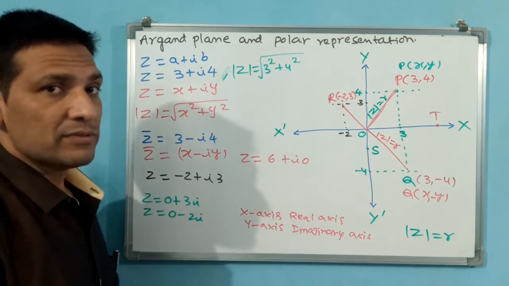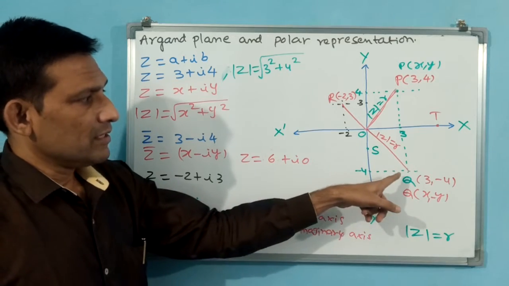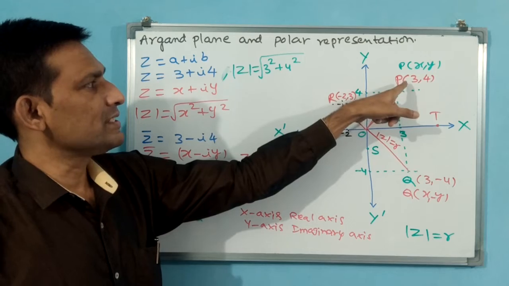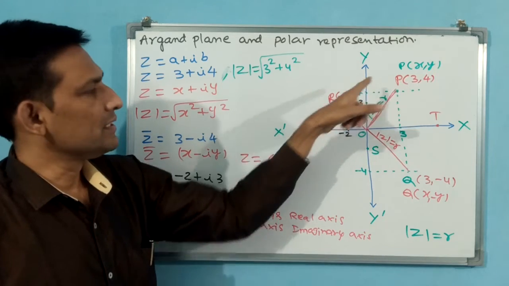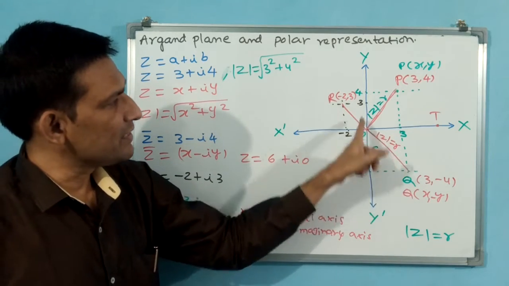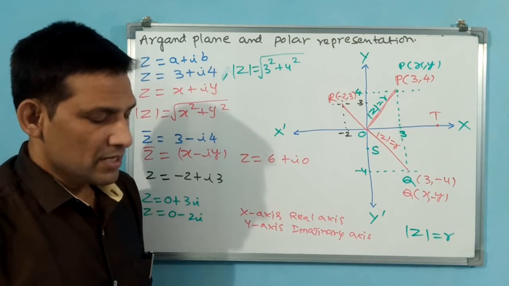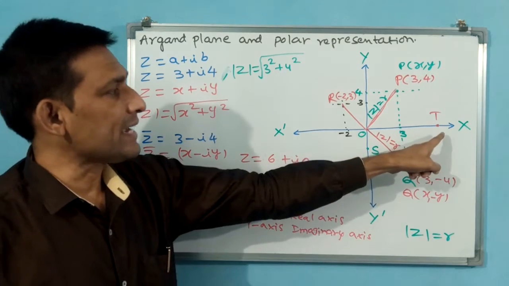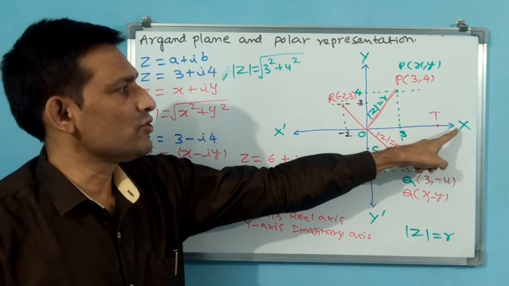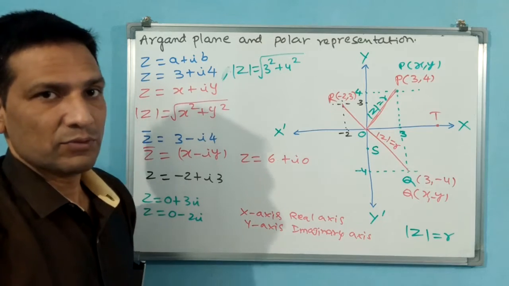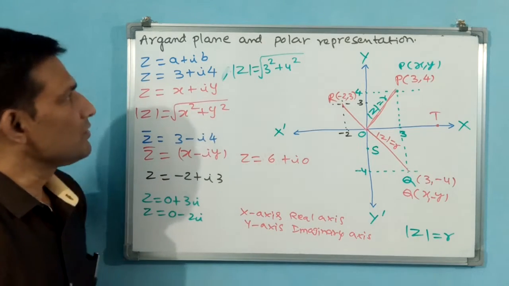Distance may sometimes be equal, but the plane's position is different. Here the position is in the first quadrant, here the fourth quadrant, but the distance is the same. The angle is different. This is 0, this is in minus, this is in plus. Now this is the concept.